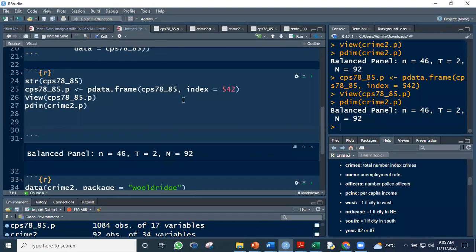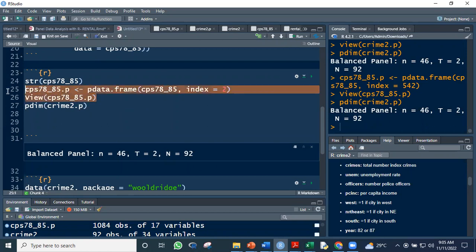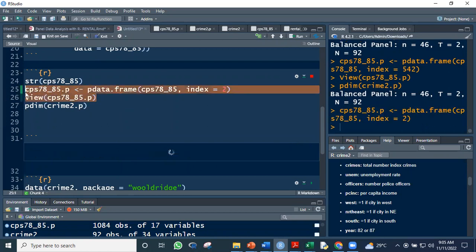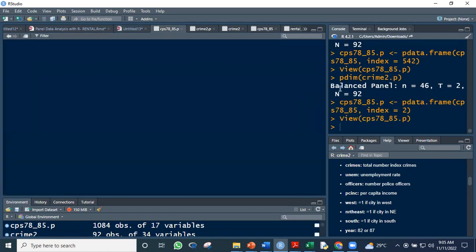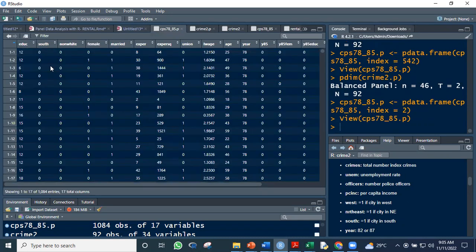Okay? But had you indexed it into 2, ayan, no? Take a look at that. So ito tama na.